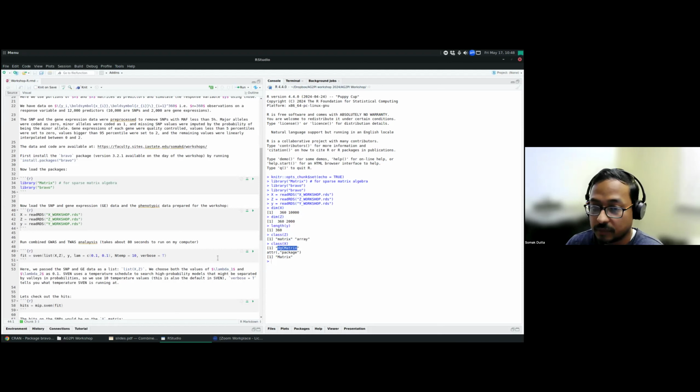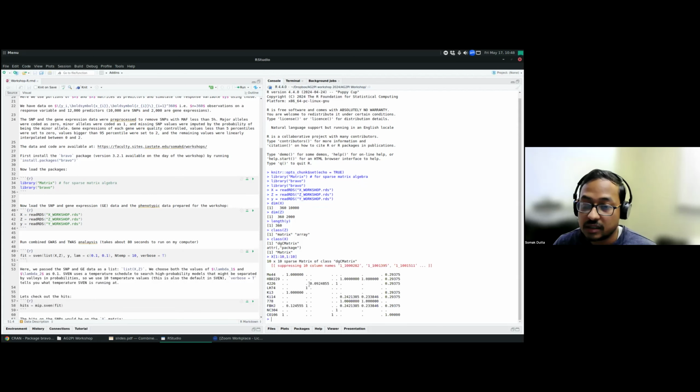It only stores, let's look at the first 10 by 10 submatrix of X, the non-zero values. So the minor allele values, which are 1, and for some SNPs the probability of the minor allele. Only those are stored, but the major alleles, which are coded as 0, are not stored.